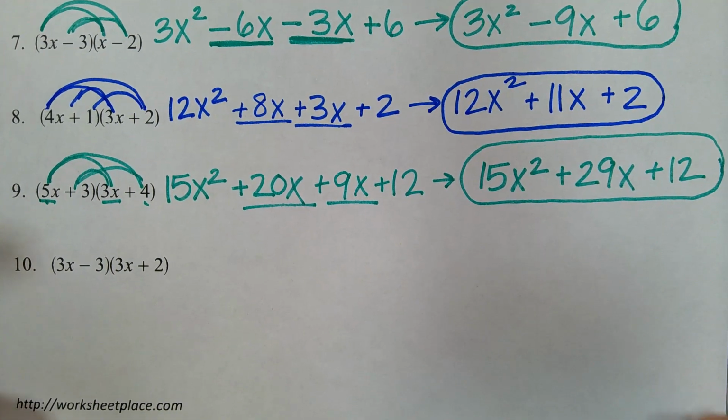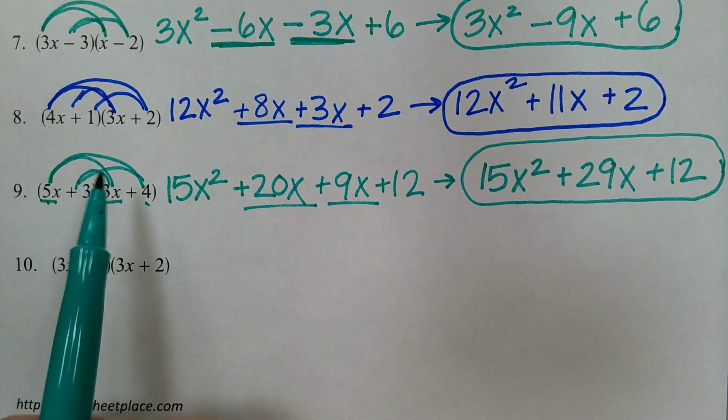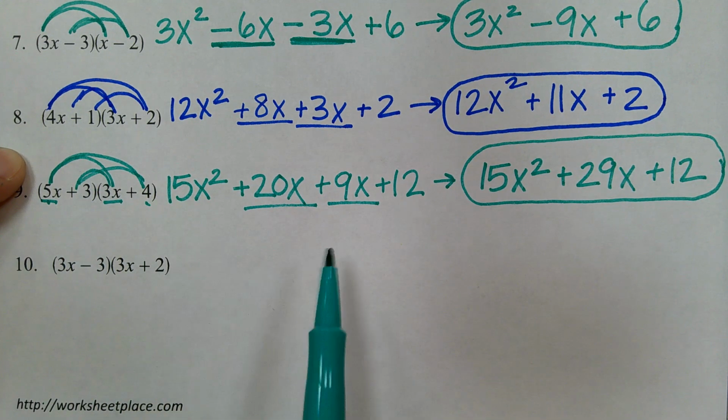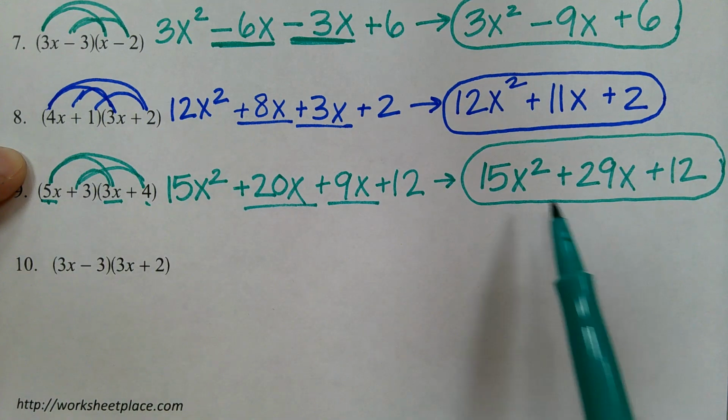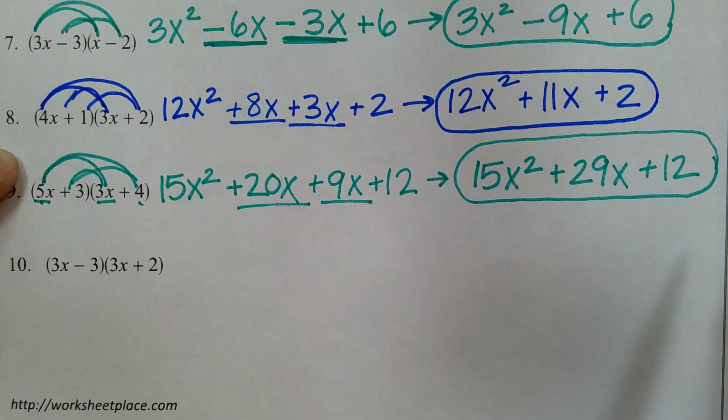Now, the more we do this, you guys should start to notice a pattern. Whenever we multiply two binomials, that's what we call these, that have x plus something or x minus something, we're always going to end up with this format. x squared plus x plus a number.